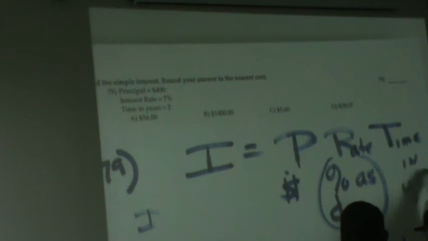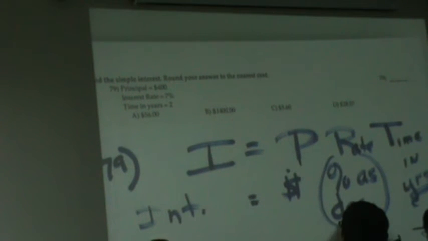And the time is in what? Years. If it tells you years, that's great, you just use it. If it's months, you divide by 12. If it's days, you divide by 365, right? So our interest is the dollars times the percent as a decimal times the time in years.